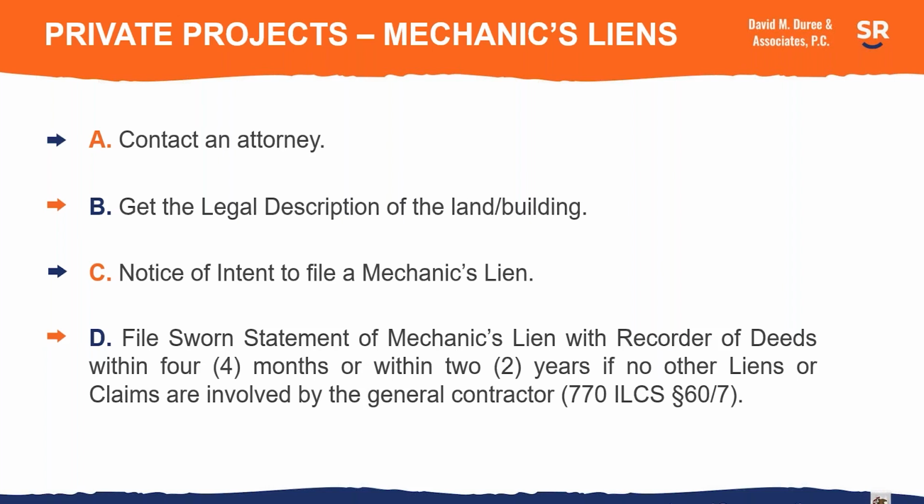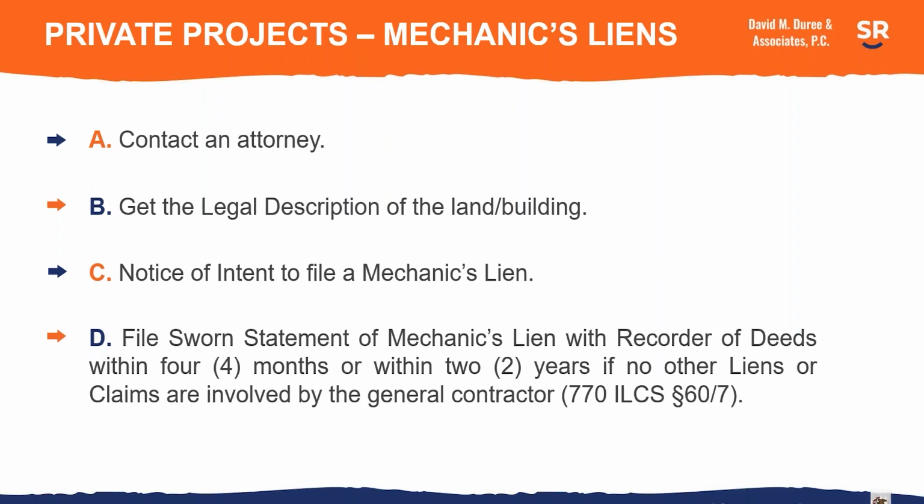For a general contractor, there is an exception to the 4-month requirement that rarely comes into play. The general contractor would have 2 years to file a sworn statement of mechanic's lien or to file a lawsuit to enforce its claims, if there's no other lien claimants and no mortgage, in other words, no other claims to the real estate except the general contractor's mechanic's lien claim.